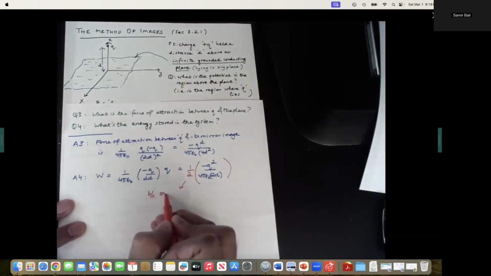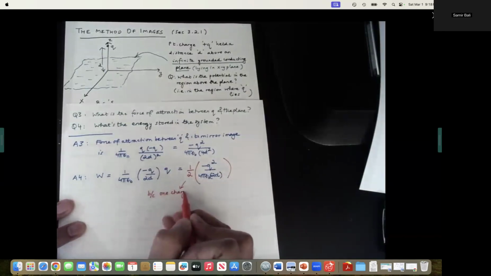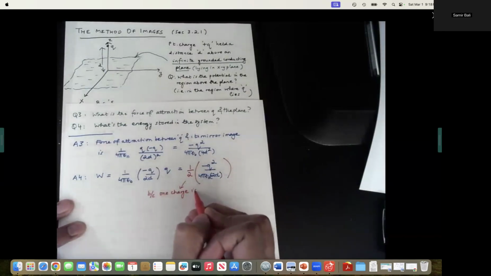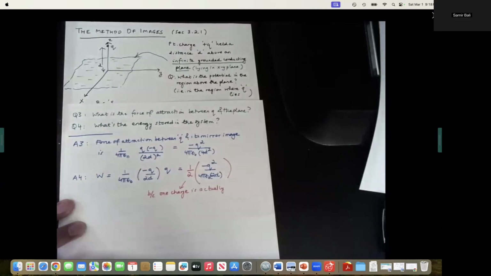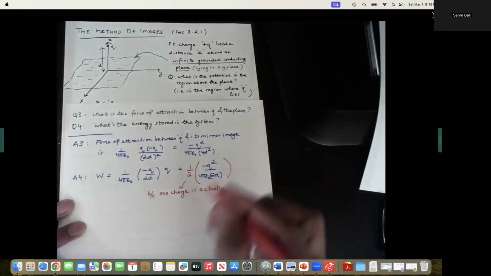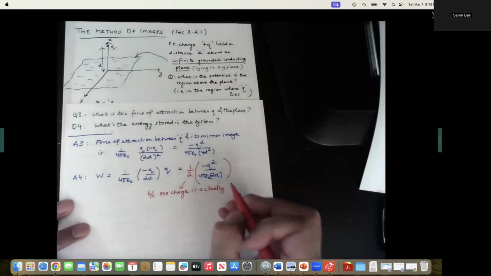Okay, because it's not like we were bringing in two charges from infinity toward each other. It's because one of the charges is actually on a conducting plane. It's not really located at a distance minus d down below the xy plane.